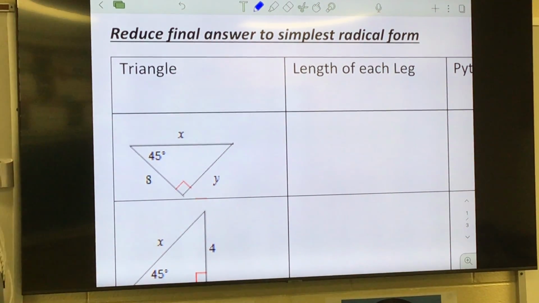What's x? The hypotenuse. Well, what did we just determine about a 45-45-90? Each leg is the same. So what is y? 8. So y is 8.